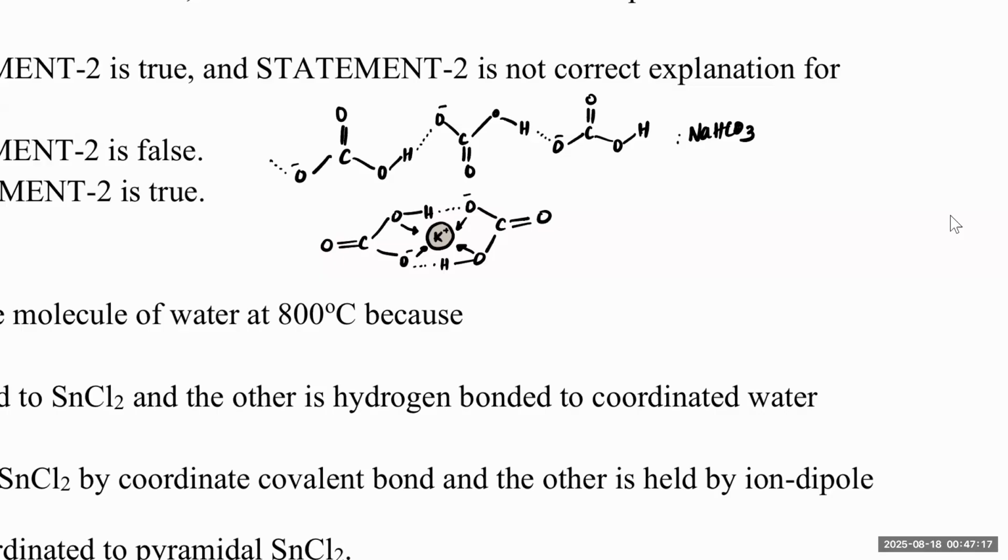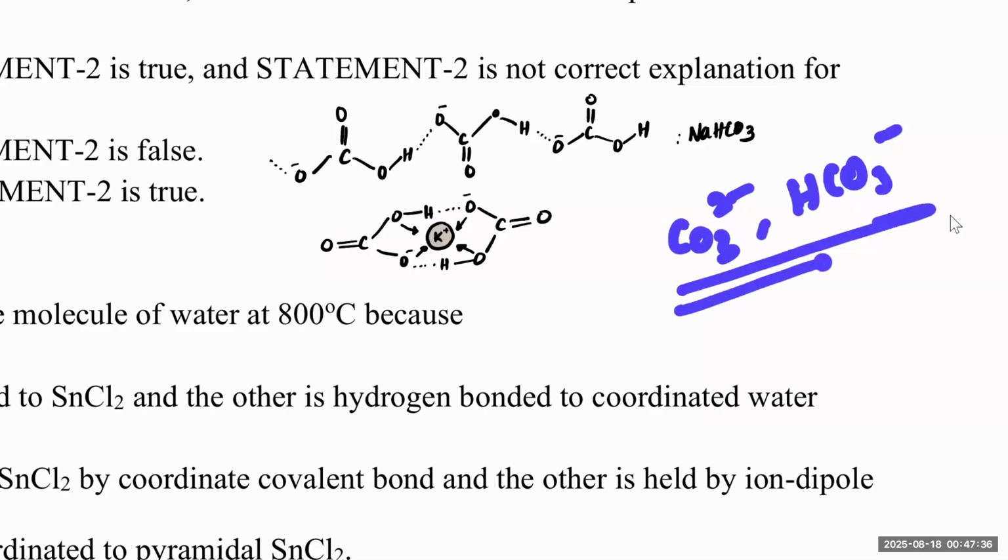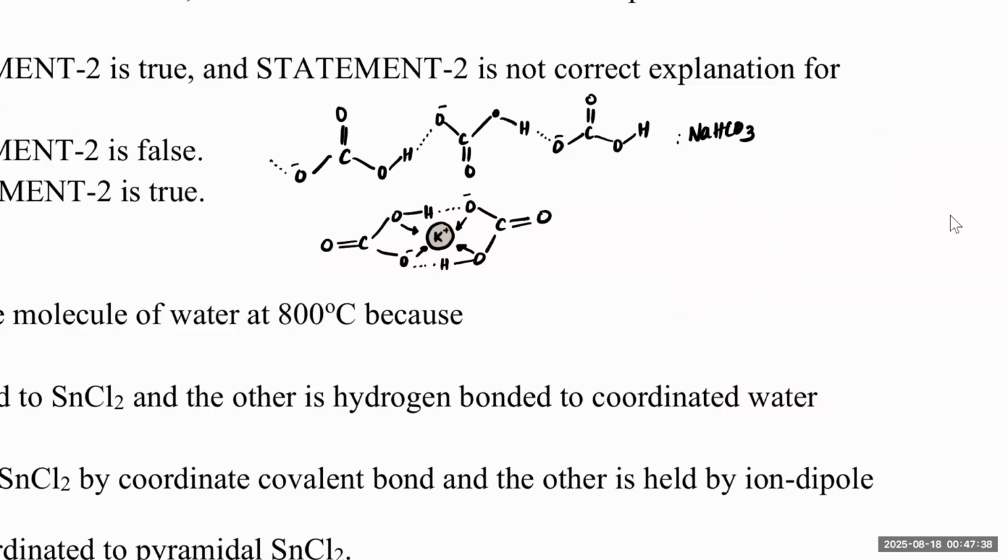And you recall something when I told you about solubility. I told you that usually solubility down the group should decrease. But we found two exceptions: one is CO3 2 minus, the other is HCO3 minus. If you remember, I told you this, right? Solubility down the group, which is expected to decrease, is in fact increasing for bicarbonates and carbonates. This is also the same explanation for it.